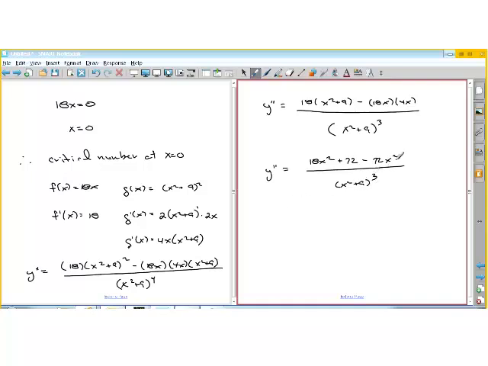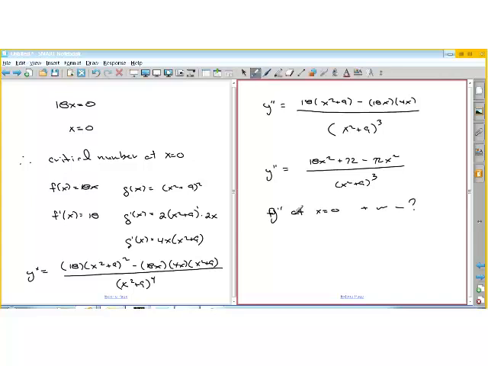Well, the denominator is always going to be positive because you square a number and it's going to be positive. So you have a positive number here cubed, which would be positive. So all we have to do is look at the sign. What we're looking for is y double prime at x equals 0, positive or negative?